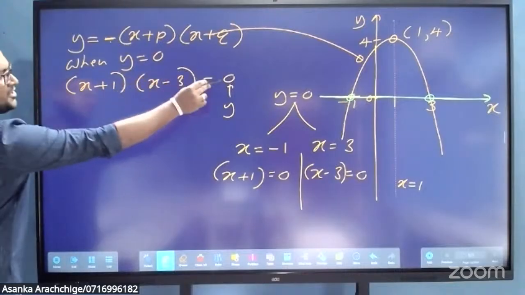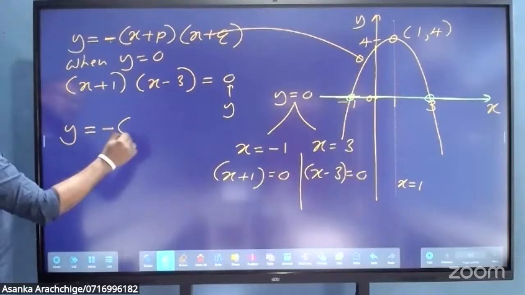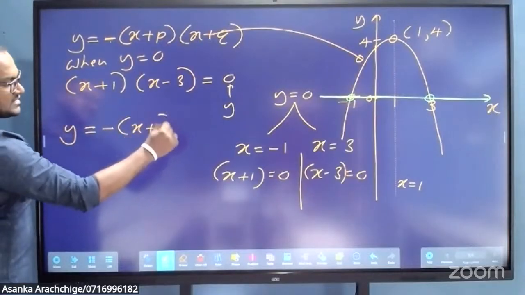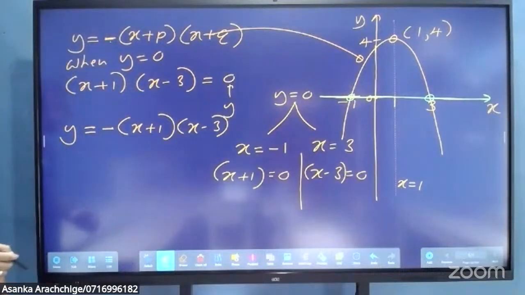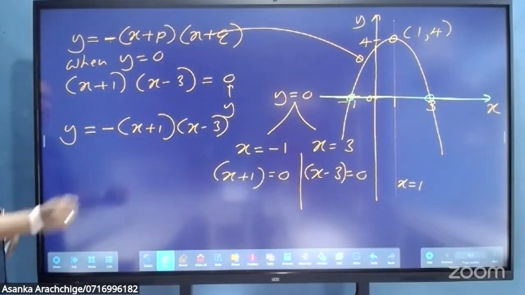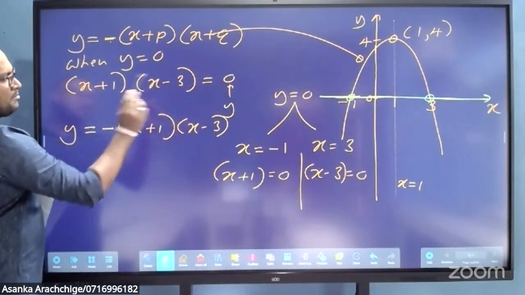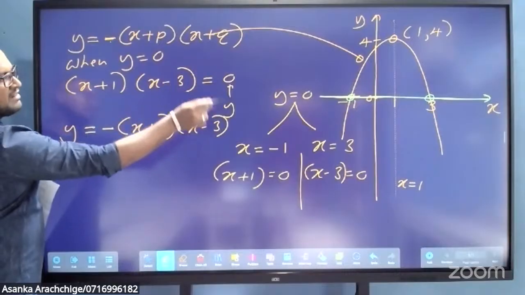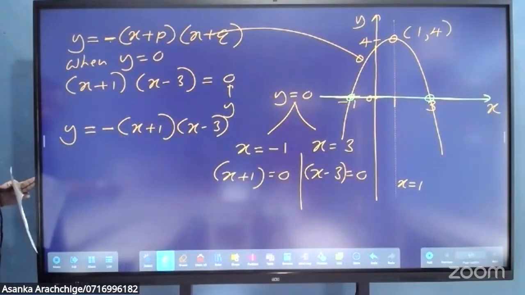Then we write y equals minus x plus 1 times x minus 3. ආයෙත් අහගන්න. මෙතන minus දාන්න හේතුව parabola එක maximum වීම. තේරුණානේ? මේ දෙකේ product එක බිංදුව වෙන්නේ y බිංදුව වෙනකොට. තේරුණාද?